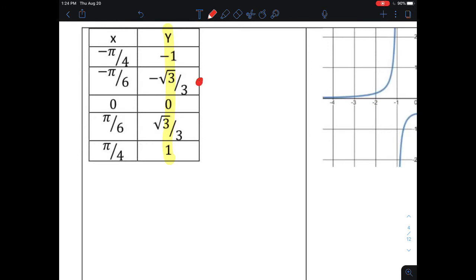I see negative square root of 3 over 3, positive square root of 3 over 3, negative 1, and positive 1. So I'm starting to see a repetition of values, but the difference is they have a change in signs. And so I'm going to do the even or odd test. I want to compare when I put a positive x value in to when I put the same x value but negative in.